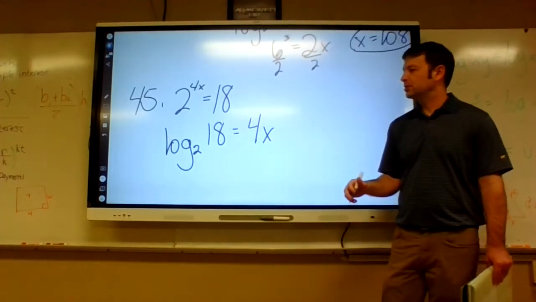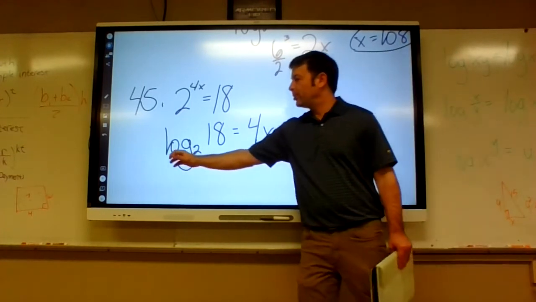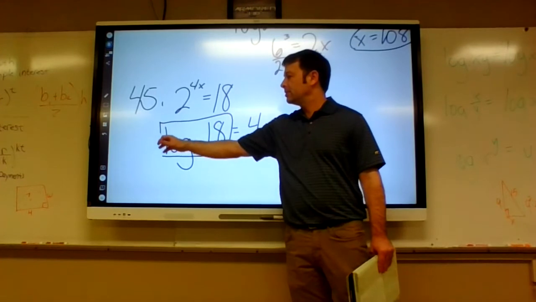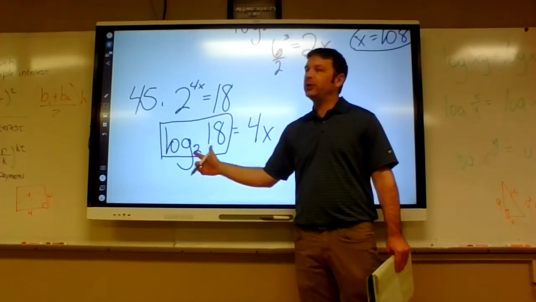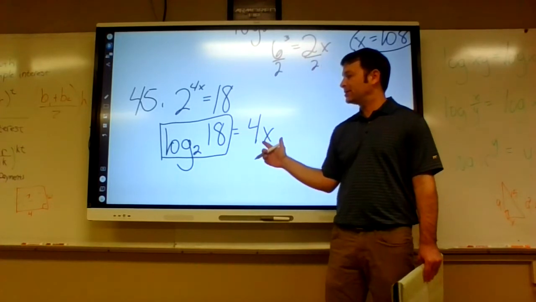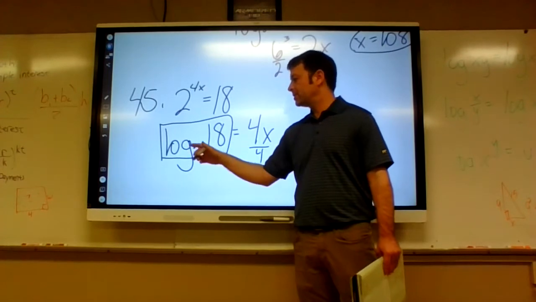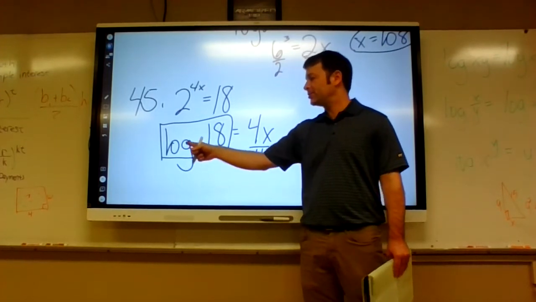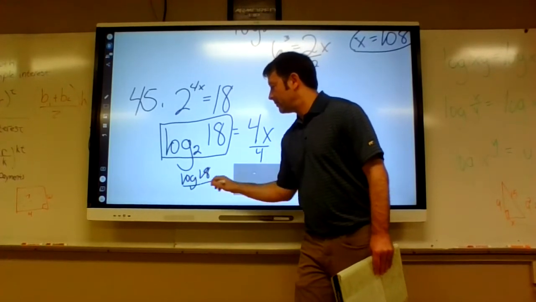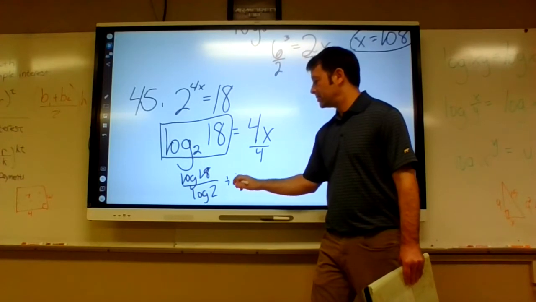Okay, remember earlier, we were plugging this stuff into our calculator, right? So we can do this part, it's some weird number that we can find with the calculator, but how do we solve for x? Divide by 4. So whatever this stuff is, you can use the change of base, or you can do log of 18 divided by log of 2, and then whatever that is divided by 4.